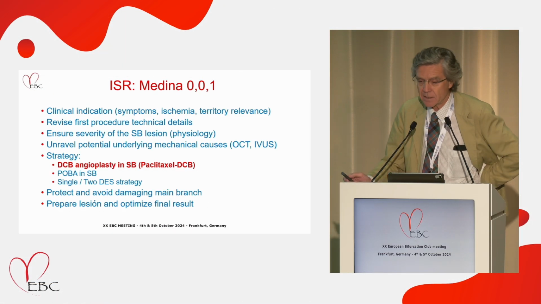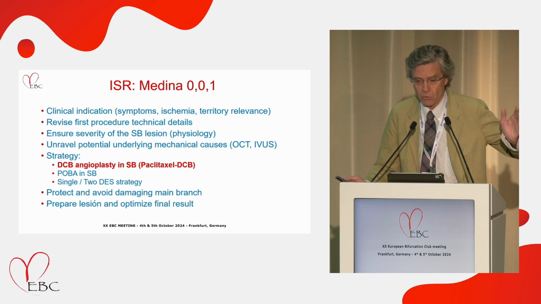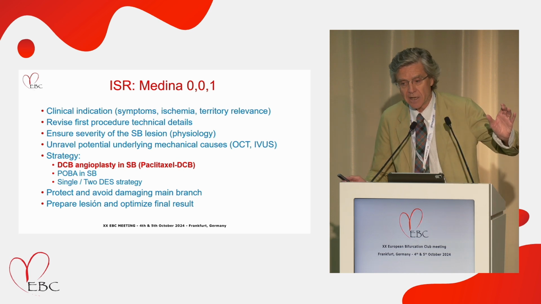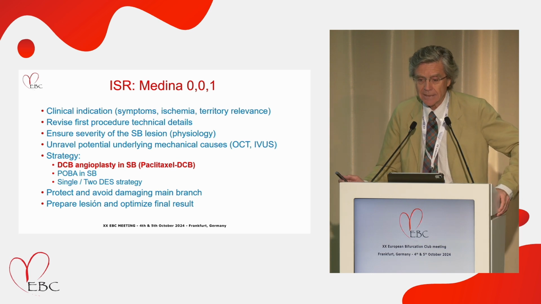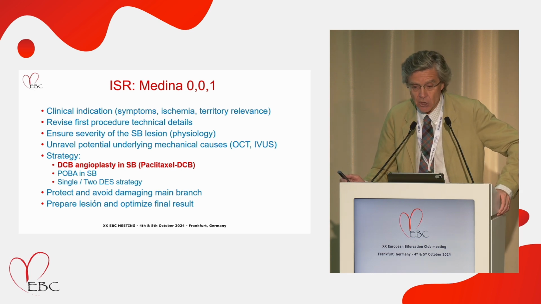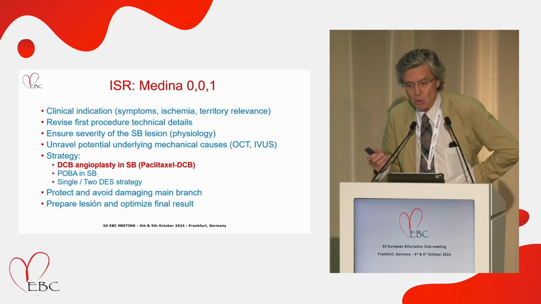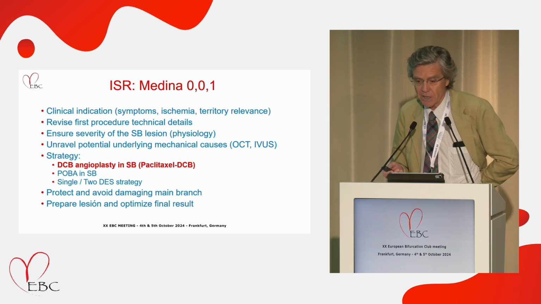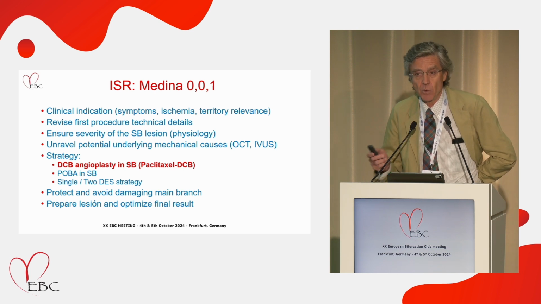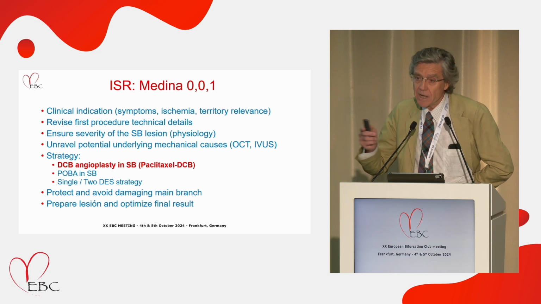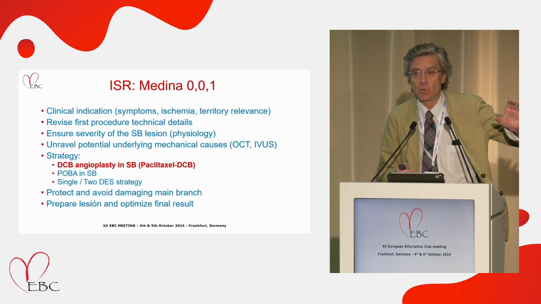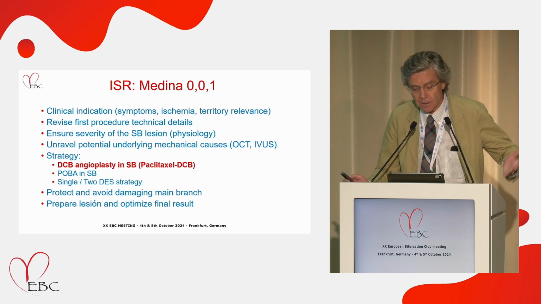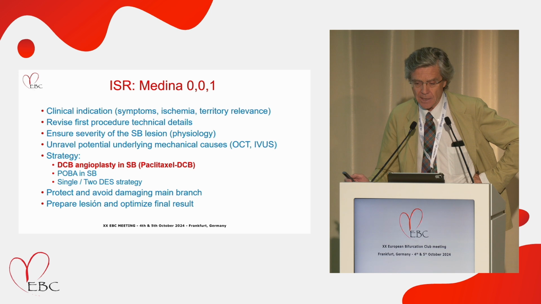So to summarize, I think it's important when we address ISR presenting with a Medina 001 pattern that the clinical indication is reviewed: symptoms, ischemic relevance of the territory. I think it's very important, and we sometimes forget, to review with care how the initial procedure was performed, the technical details, as sometimes this gives some clues.